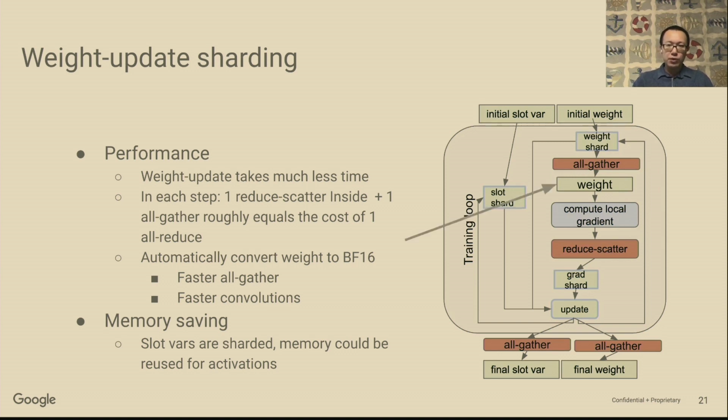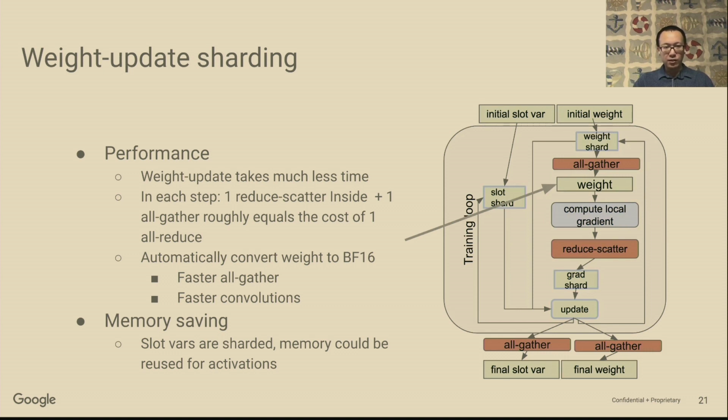But one thing to note is that we have added another optimization in XLA, which will take a look at all the uses of the weights. If all of them are in reduced precision, which means bfloat16 for TPU, then the compiler will automatically convert the all gather operation to bfloat16 as well.